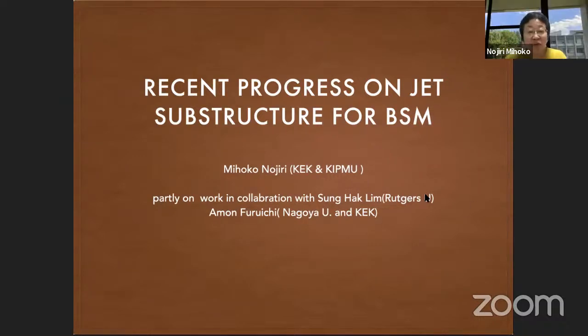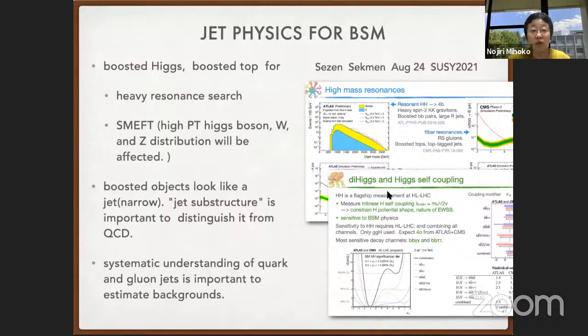Thank you. So it's nice to be here again. I'm Mihoko Nojiri, and I'm talking about jet substructure for BSM study. As everybody probably knows well now, jet physics is very important for BSM, especially for boosted Higgs and boosted top studies.